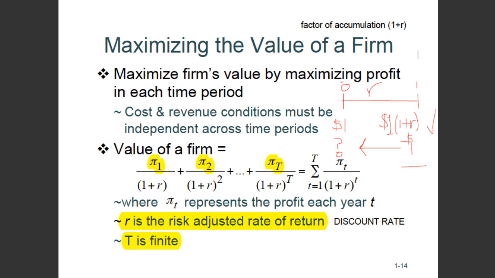Okay, so that's a factor of an accumulation. Now, if that's a factor of accumulation, we need the reverse. It's a factor, you multiply it or you divide it. So on this side here, let me erase this check mark. If it's $1 in the future that we're going to receive, what is that worth today?